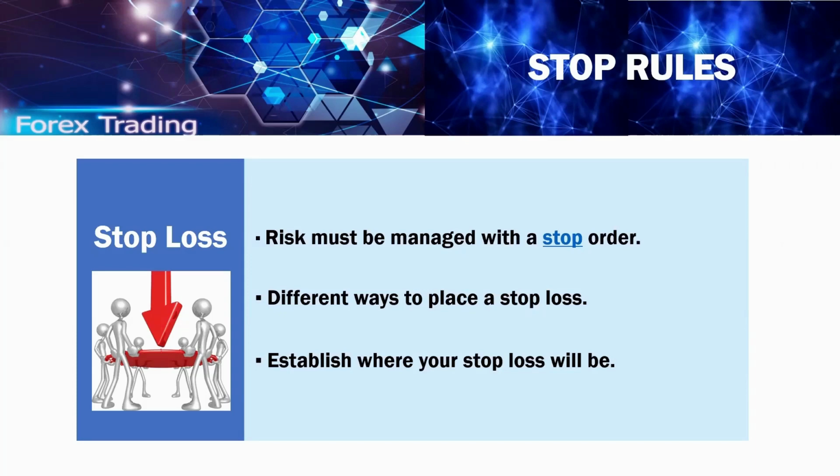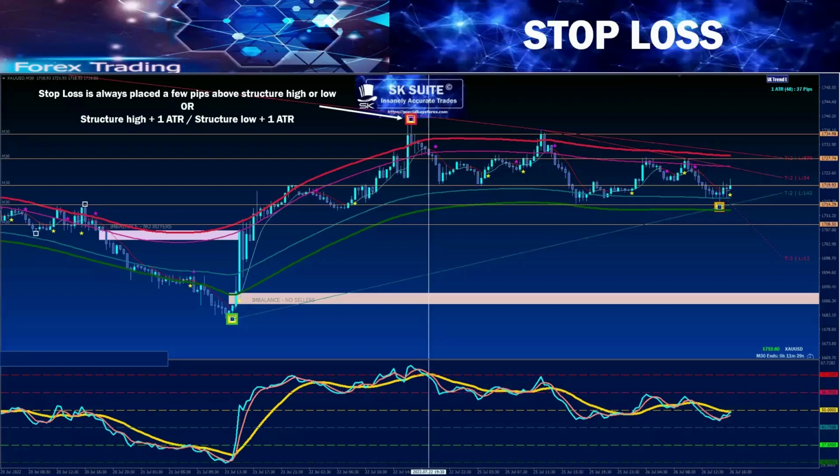Recent structure high or structure low, or you can use ATR stops, which is a certain distance from entry price based on volatility. Once you establish your stop loss, you can then calculate the position size for the trade. This is an example of where stop loss can be placed.